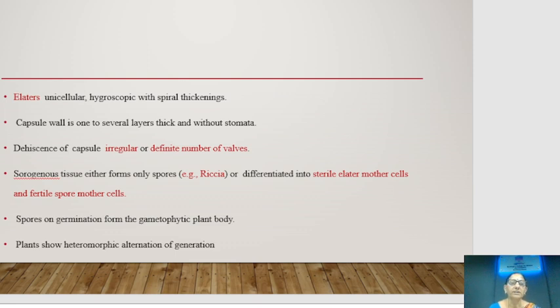The elaters in the sporophyte are mostly unicellular, hygroscopic, with spiral thickening. The dehiscence of the capsule is definite by the walls or irregular, and the spores on germination form the gametophytic plant body and show heteromorphic alternation of generation.